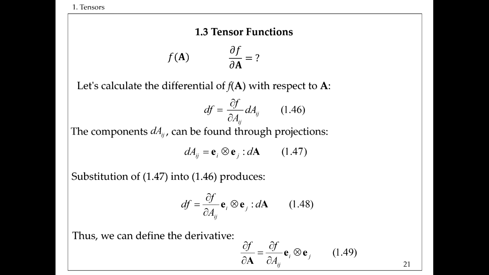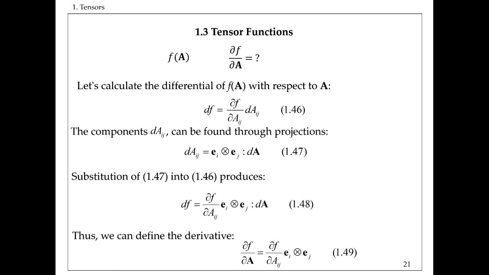An example of that would be a stress tensor that would depend on a strain tensor. So this is quite possible, and we may want to know the dependence between them and the characteristics of their changes.